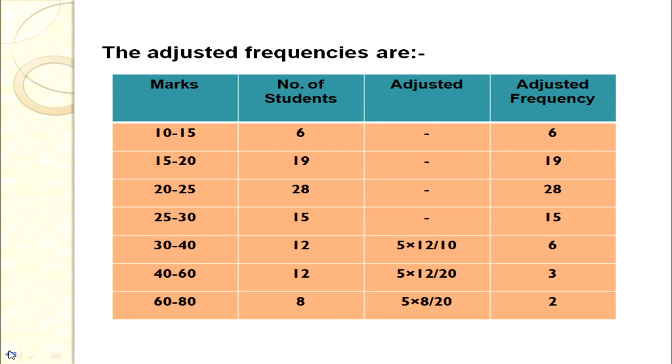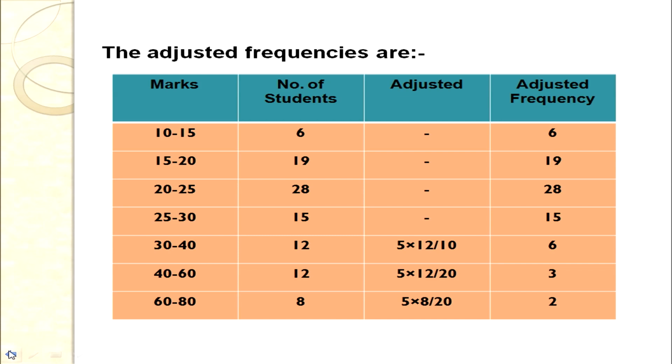And what is the minimum class interval gap? It is 5. And what is the frequency? 12. So, 5 multiplied by 12 divided by the class interval gap, that is 20, gives you the adjusted frequency 3. Likewise, for 60 to 80, minimum class interval gap 5, the particular class interval gap is 20 and the frequency is 8. 5 into 8 divided by 20 gives 2.